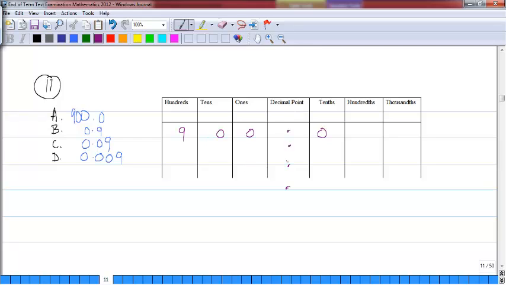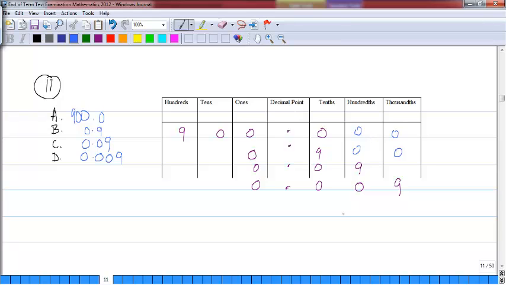For B, we have 0.9. For C, we have 0.09, and for D, we have 0.009. Let's fill this in with some placeholders so we have a better idea where we are.